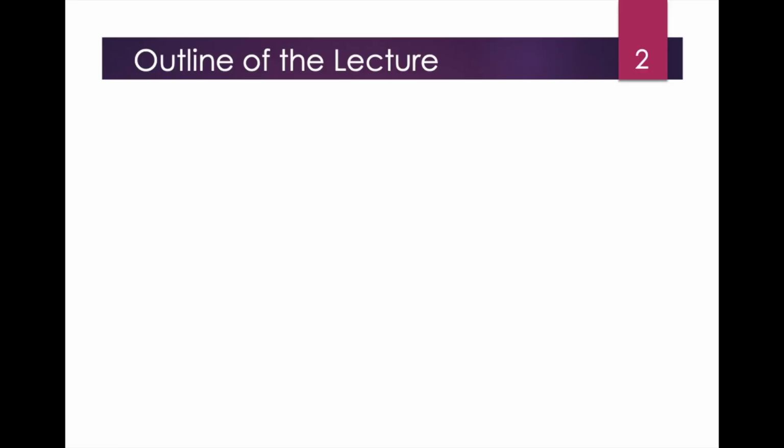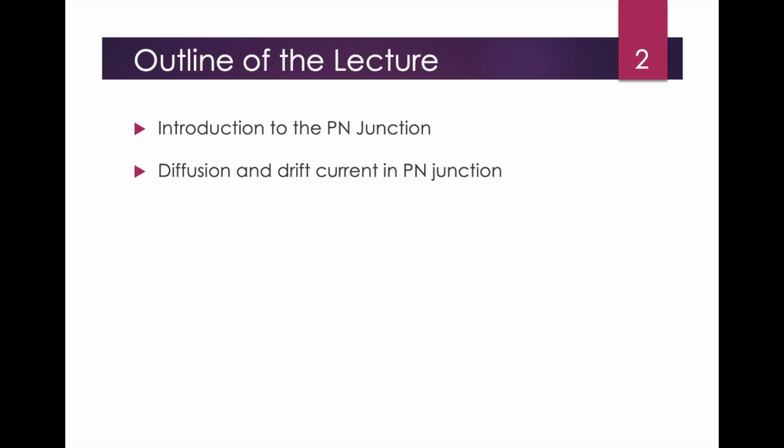So this is the outline of this lecture. First of all, we'll see the basics of the p-n junction. We will see what happens if p and n-type material are brought together. Then we will see the diffusion and the drift current that is present in a p-n junction, and we will see the barrier potential as well.